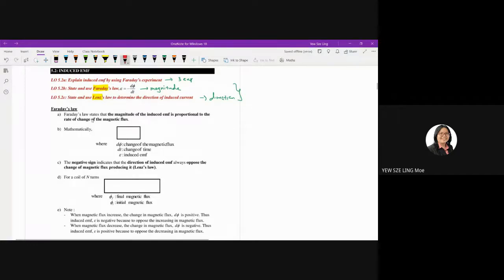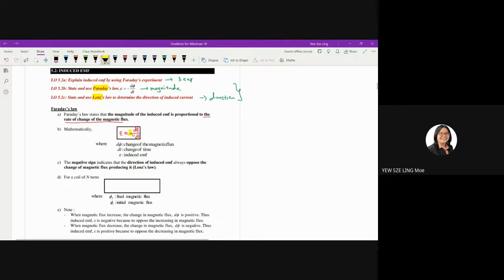Faraday's law states that the magnitude of induced EMF is proportional to the rate of change of magnetic flux. What does rate of change mean? It is d phi over dt, but it comes with a negative sign. Why?